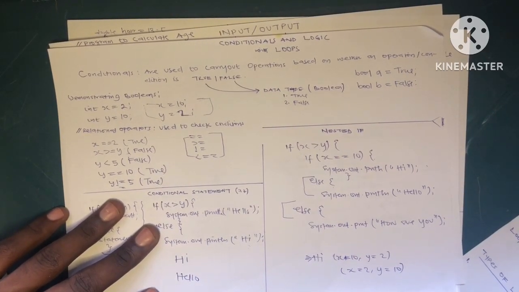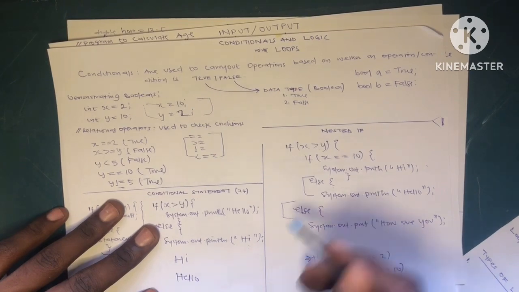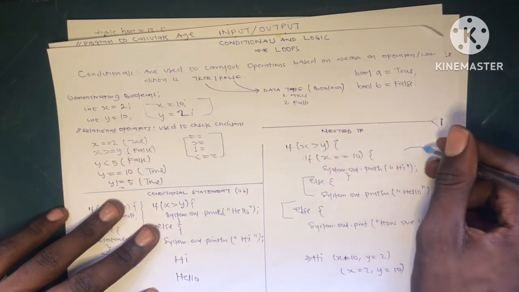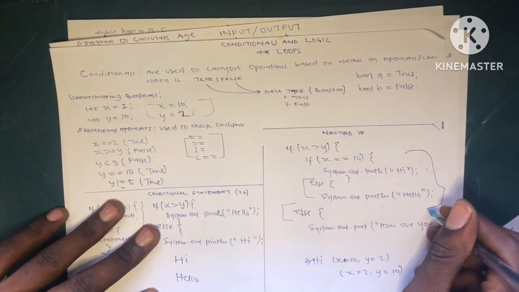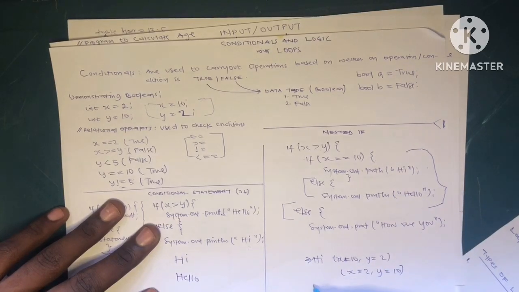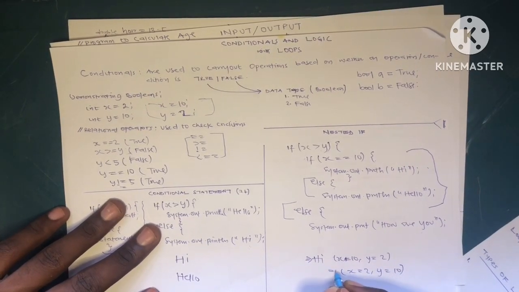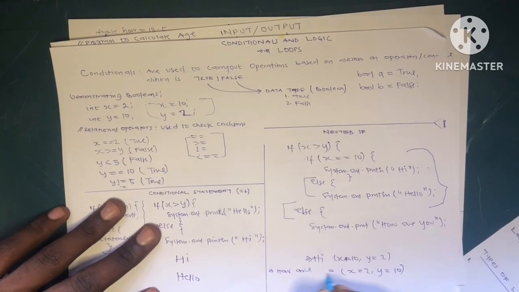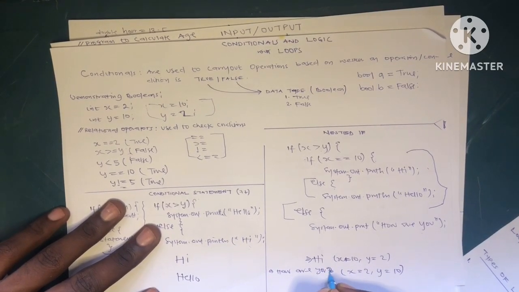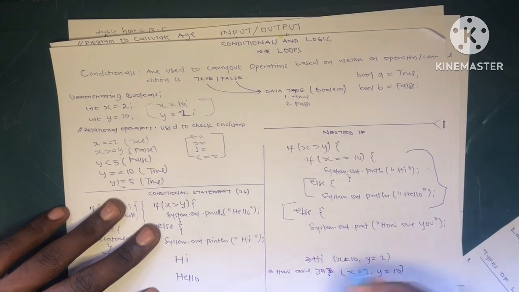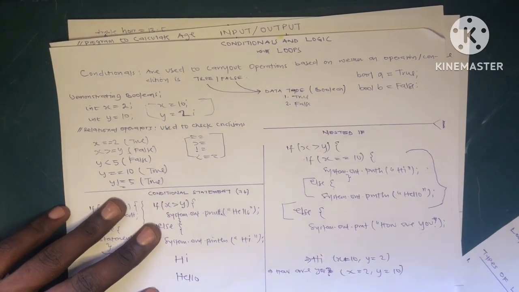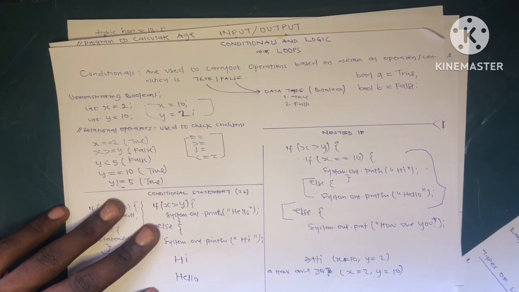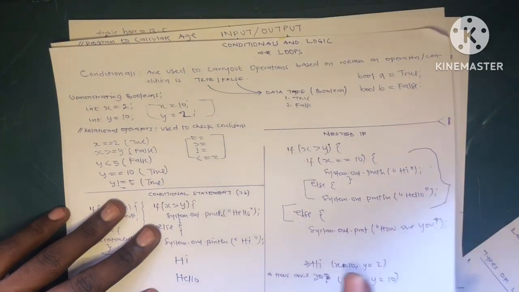No, 2 is not greater than 10, so it will skip this entire code and come and print the else. It will print how are you. Hope you understand. This is how an if else, or a nested if, works.